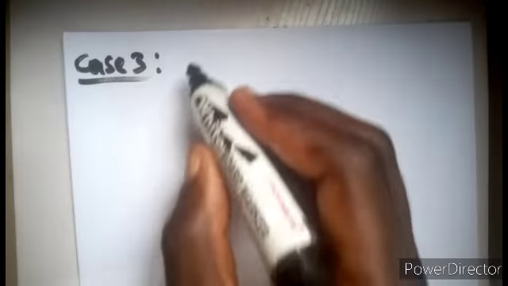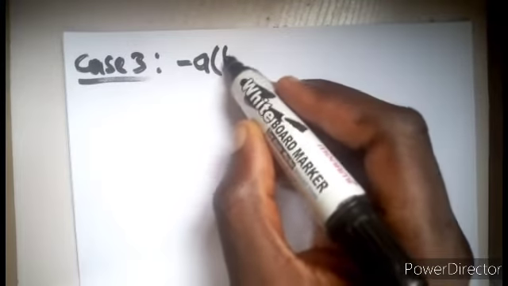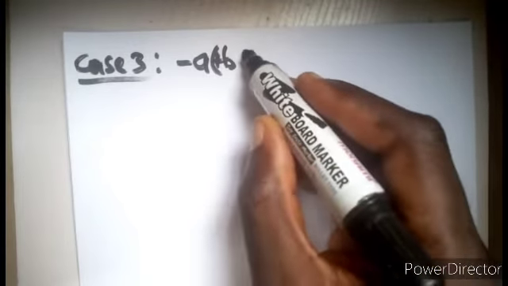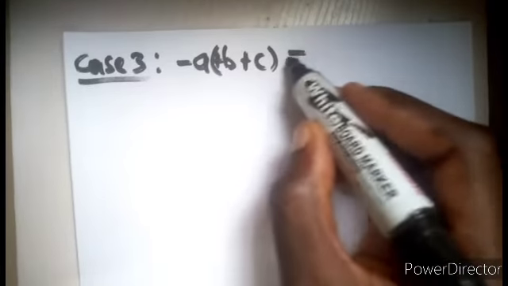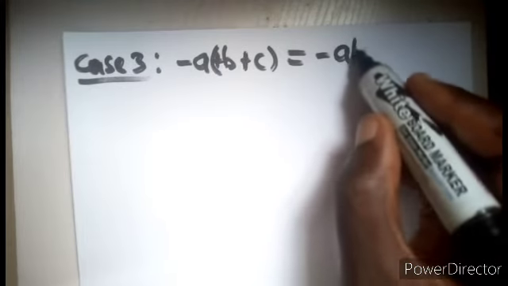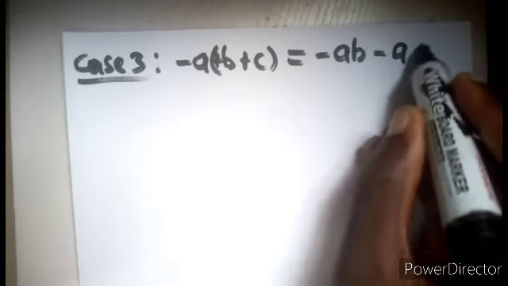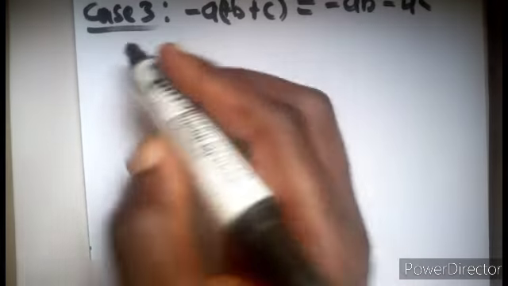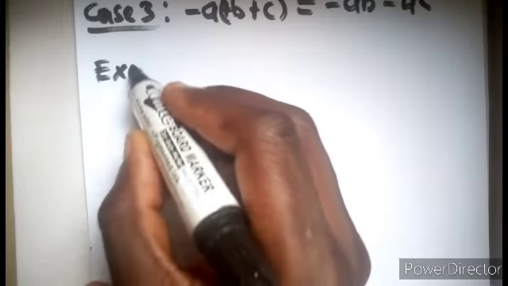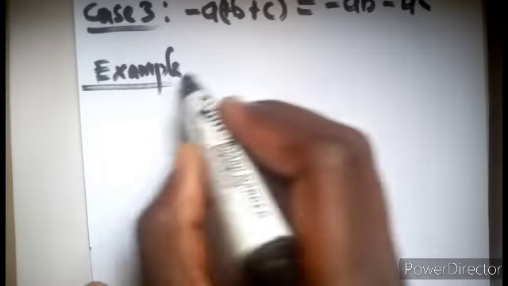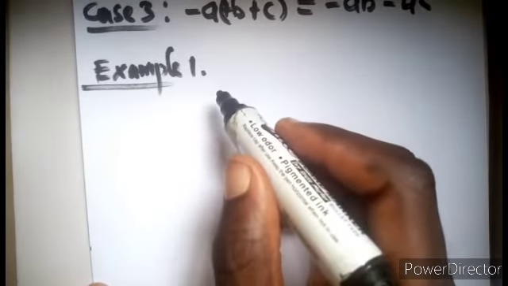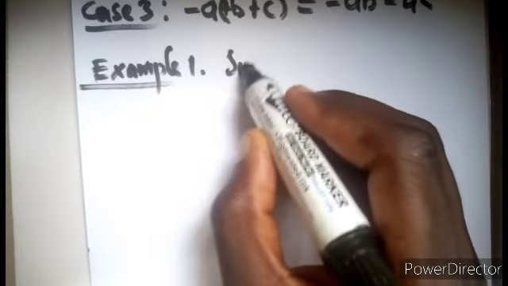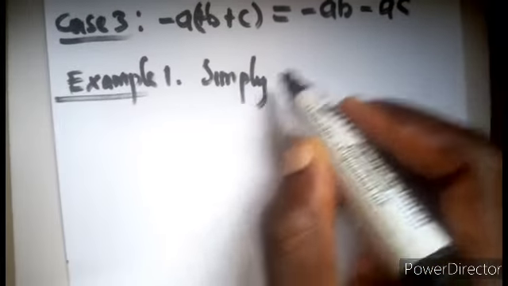So for case 3, we have this time negative a into what? Positive b plus c. We saw it gives us negative ab, negative what? ac. Now, as an example under this case, we are still considering the same question where we have simplify what?